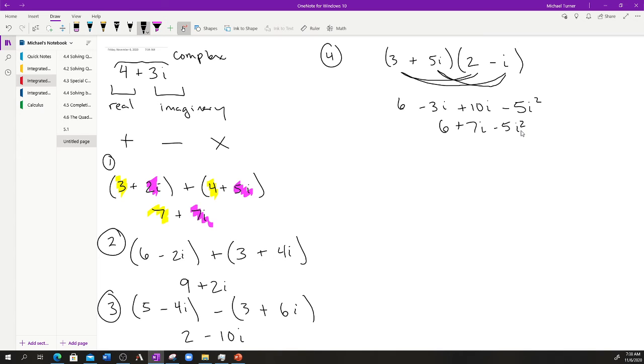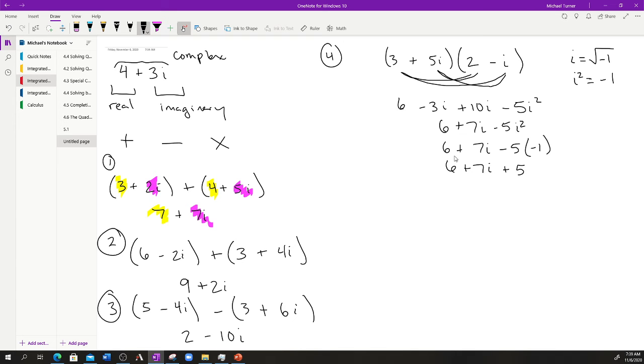Now, if this was just a quadratic equation, we'd be done, right? We combined the two middle terms, and this is what we got. However, if you will remember from your definition of i, that i is the square root of negative 1. Therefore, i squared, by squaring both sides, is -1. So what we would do here as our last step is replace that i squared with a -1. -5 times -1 would give me a +5.